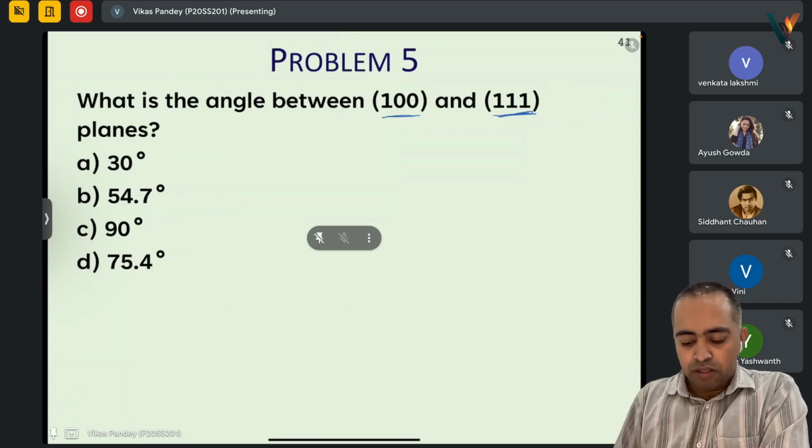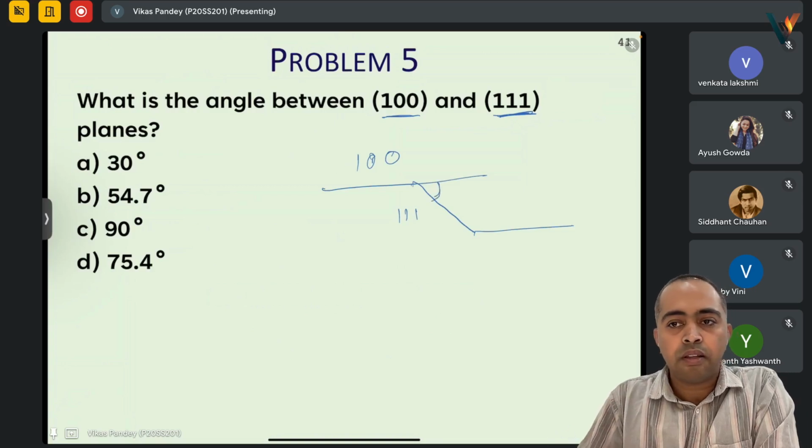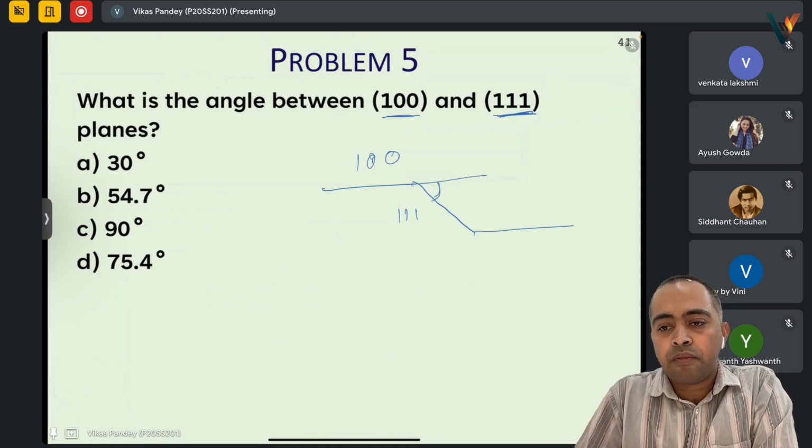Remember we discussed this 100 then 111 plane. What is the angle? Come on, anyone? Vinay, are you there?